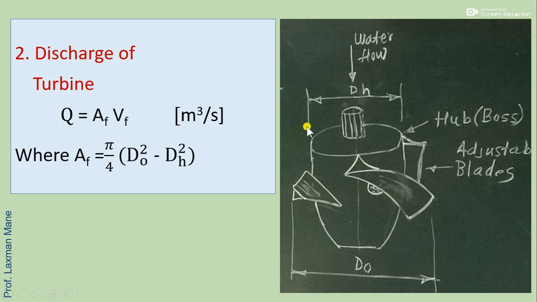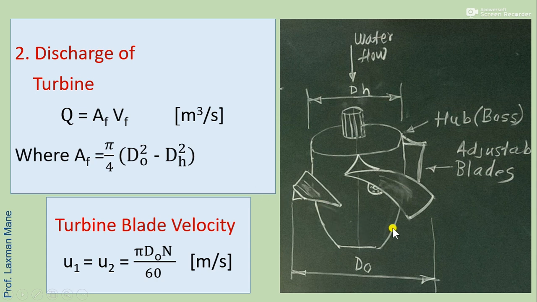Discharge of turbine. To find discharge of turbine, we can use formula Q is equal to area into velocity. In case of Kaplan turbine, the flow velocity is axial. So that's why formula is AF into VF. AF is the flow area which can be calculated by using formula AF is equal to pi by 4 into DO square, means outer diameter square, minus DB square, means hub diameter square.